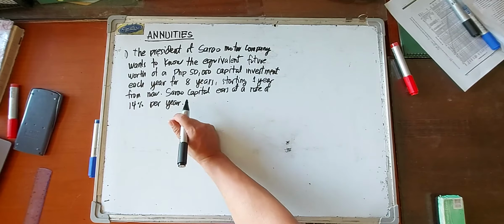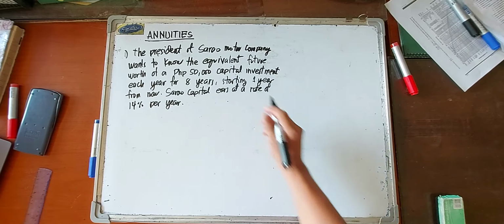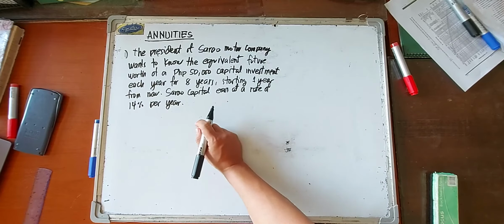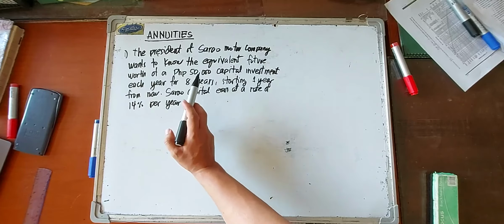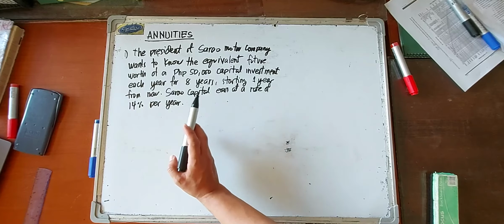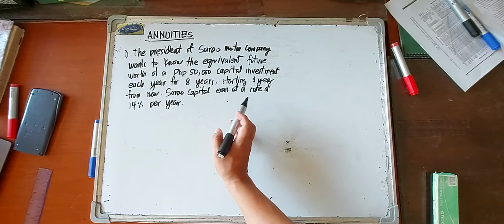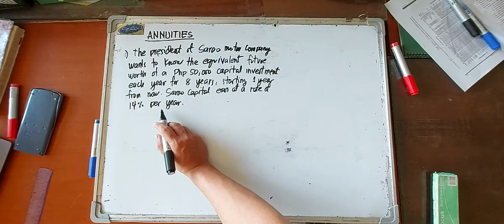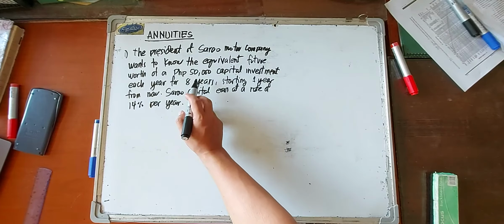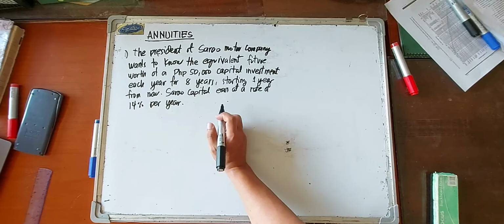Gusto niyang malaman magkano kaya, wrong spelling. So magkano yung worth or value ng investment niya na 50,000 per year, okay, at the end of 8 years. So Sarao Capital earns at a rate of 14% per year. So we are solving for the future worth of this periodic payment of 50,000 pesos.